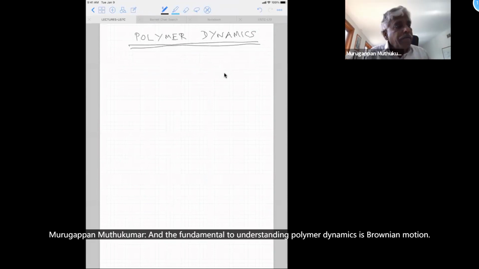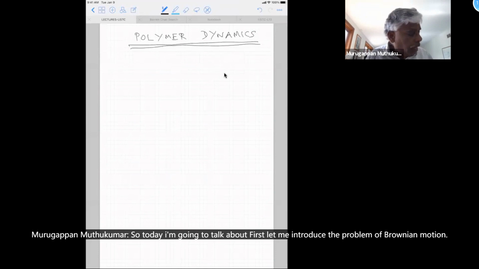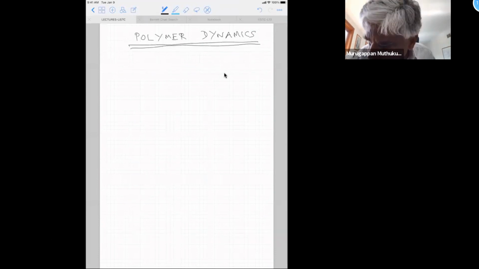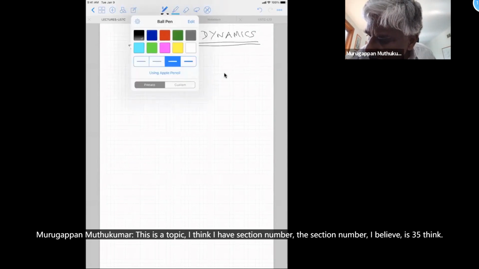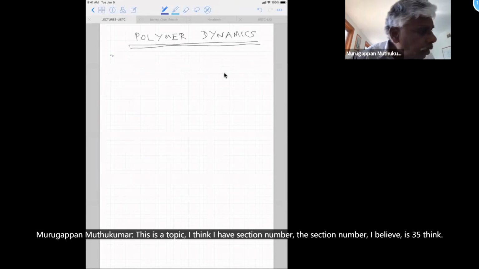And fundamental to understanding polymer dynamics is Brownian motion. So today, first, let me introduce the problem of Brownian motion. I think I have a section number; I believe it is 35.